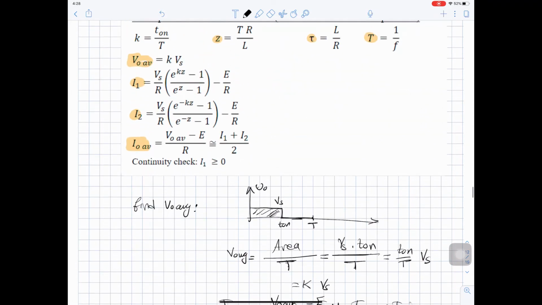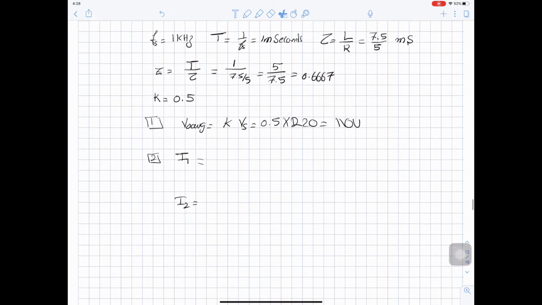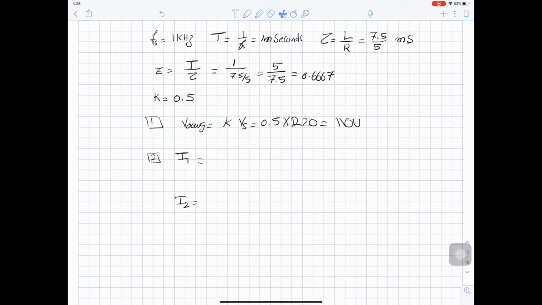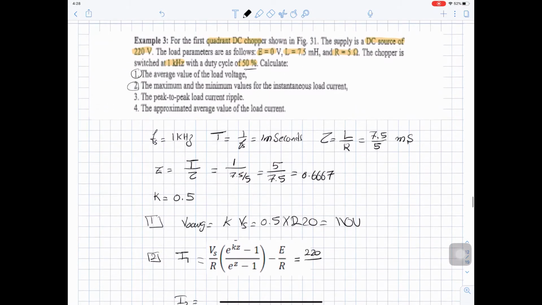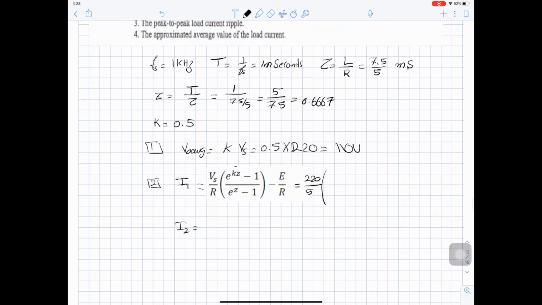So this is the equation for I1. V source is 220, R of the load is 5 ohms, exponential, K is 0.5, Z is 0.6667, minus 1 divided by e to the 0.6667 minus 1, minus E, which is 0, divided by R. And as you can see, if E is 0, for sure you will be continuous.